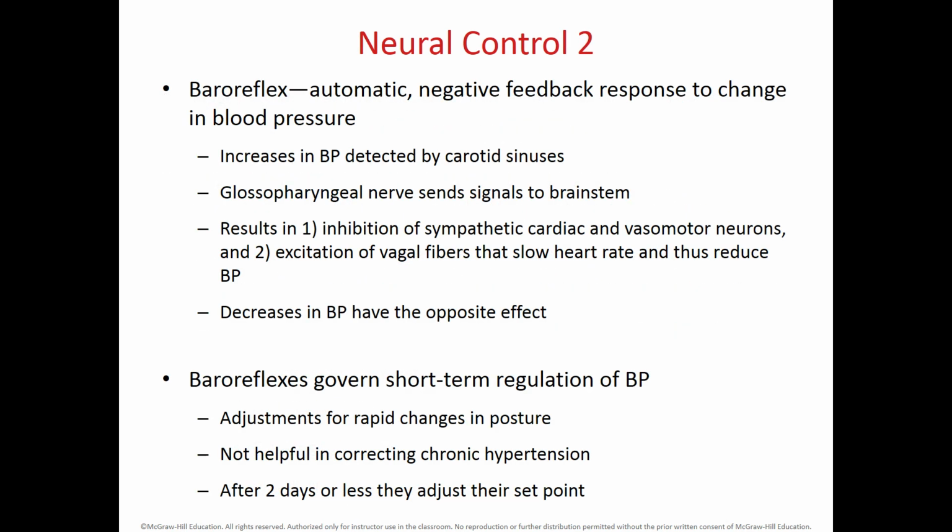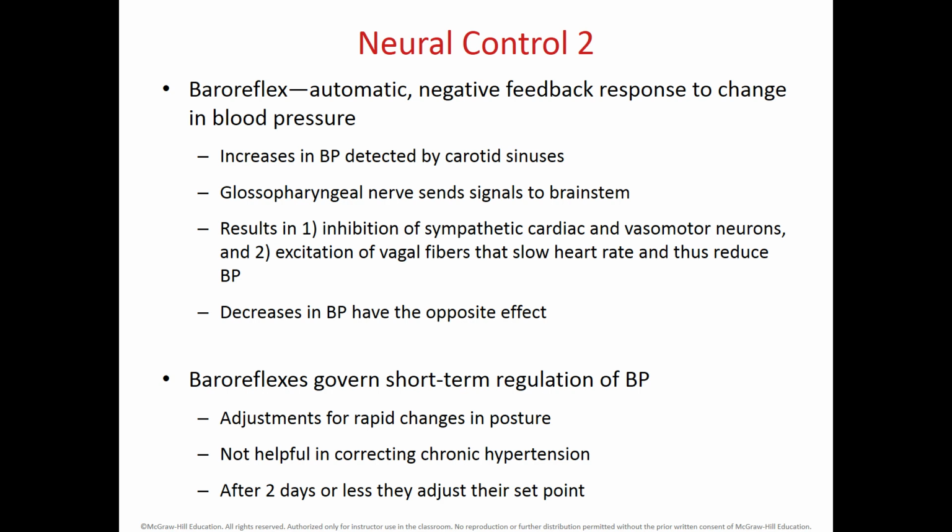So the baroreflex will detect changes in blood pressure. So when you have a drop in the blood pressure or an increase in the blood pressure, you can have more or less activation of the sympathetic system. And the receptors that detect the blood pressure changes send the signal into the brainstem using the glossopharyngeal nerve.